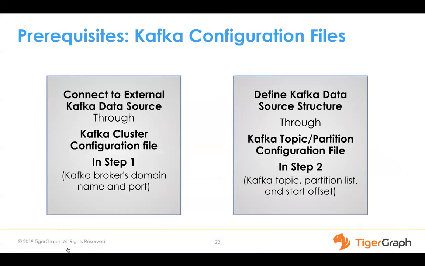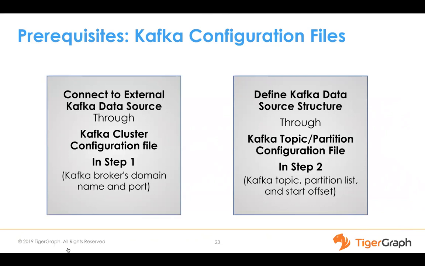And I mentioned earlier that there are a few prerequisites here. You need to provide 2 Kafka configuration files. In step 1, when you define the data source, you need to provide the Kafka cluster configuration file. This configuration file will have the Kafka broker's domain name and port, and it helps you to connect to external Kafka data source from TigerGraph.